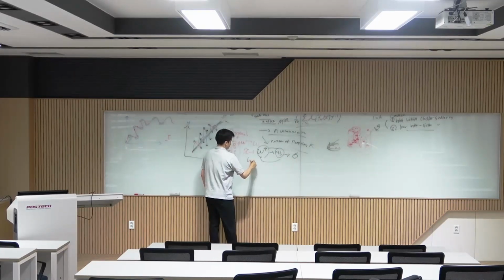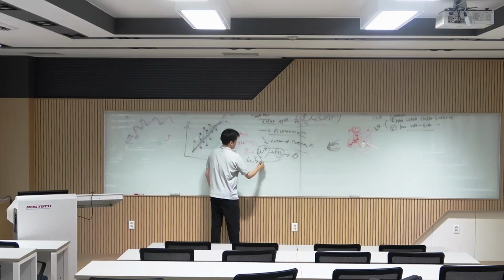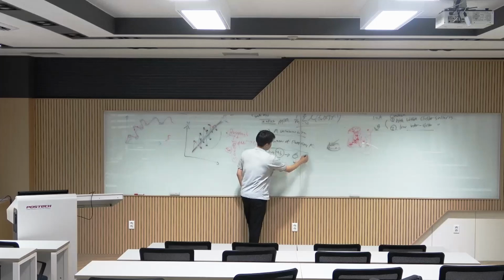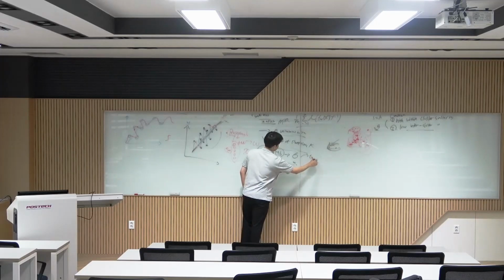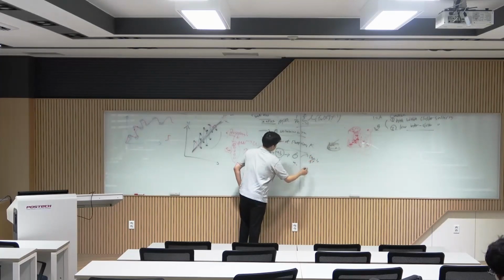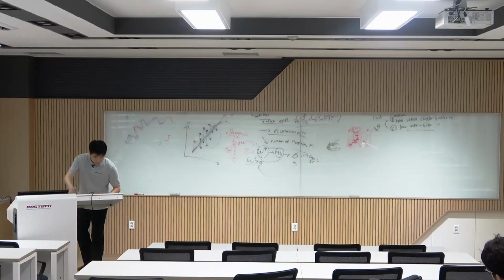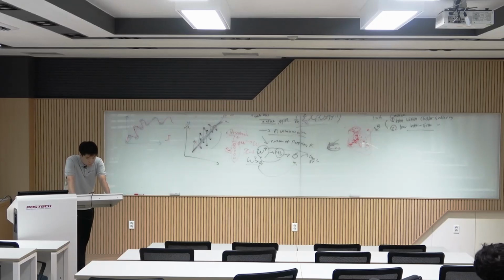So x goes to omega transpose x plus b and then to the activation function, and for the activation function you may choose tanh, sigmoid, or some kind of that. Okay. So you need to know the definition of perceptron and how the perceptron makes the classification or that kind of stuff.